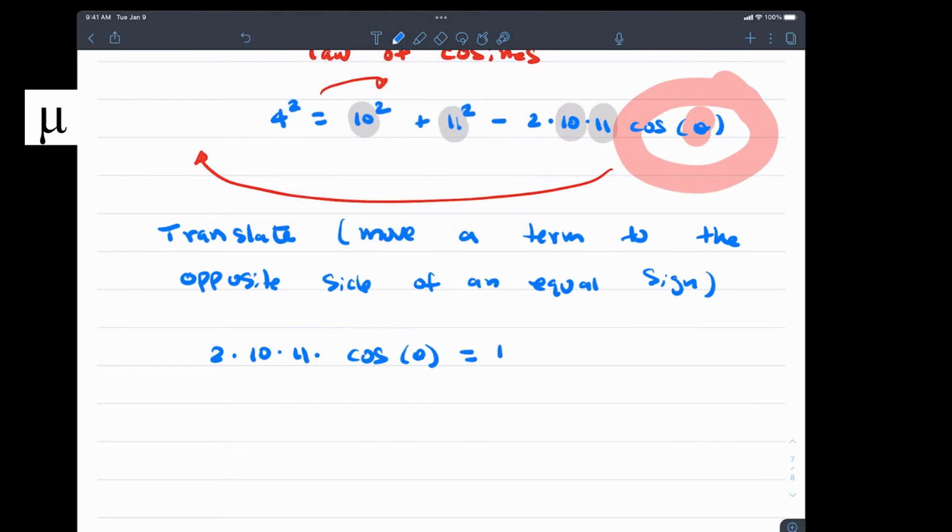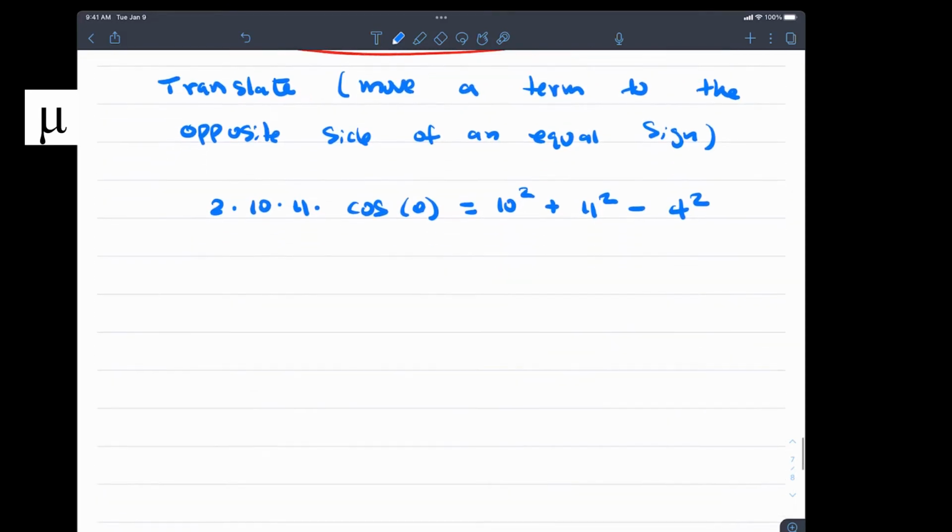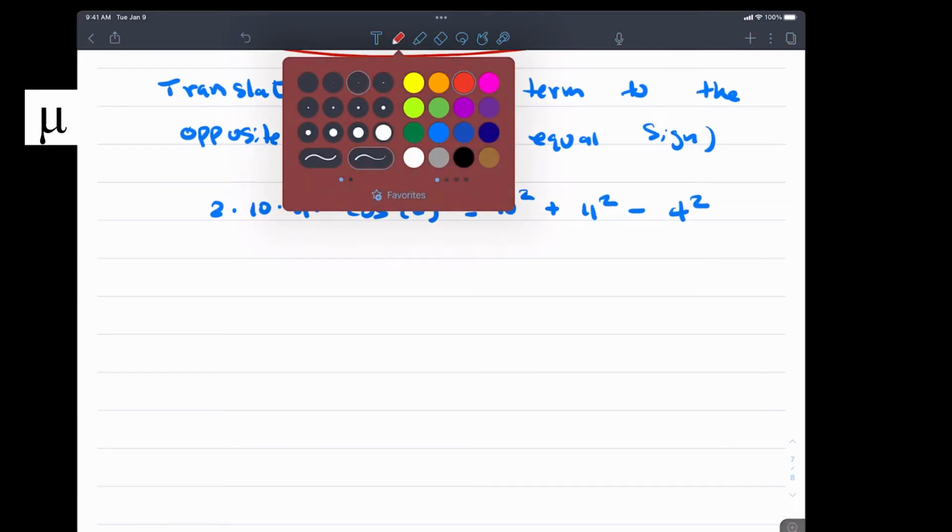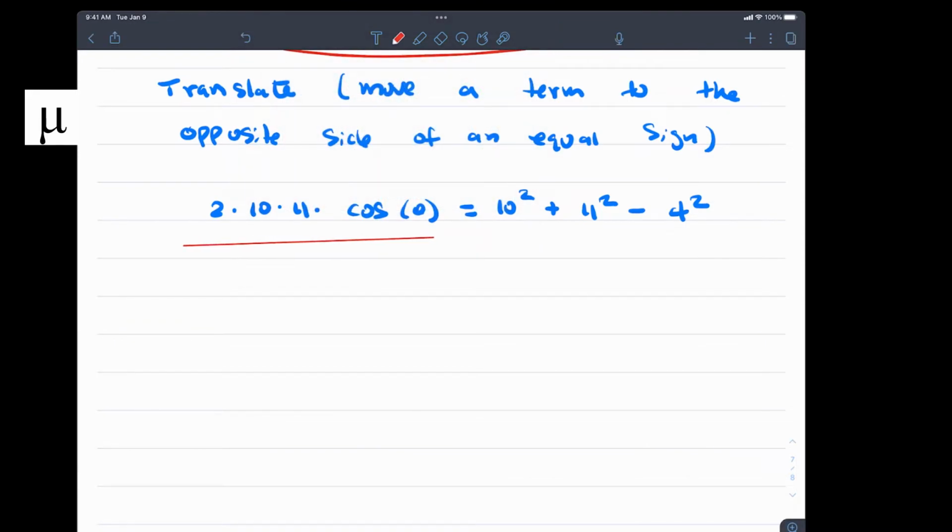You see a what? 10 squared plus 11 squared minus 4 squared, over 2 times 10 times 11. There you go.